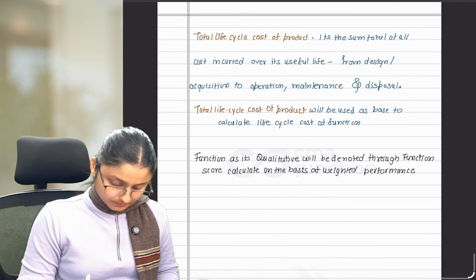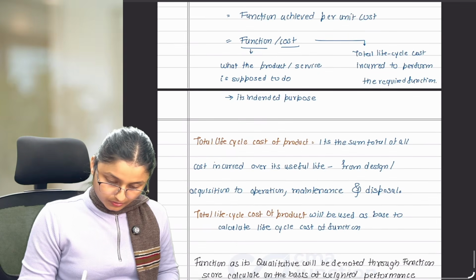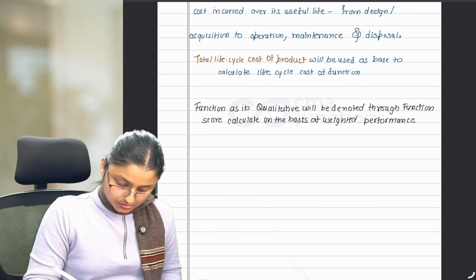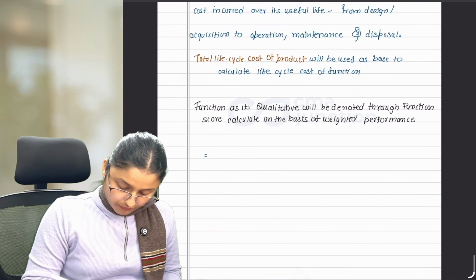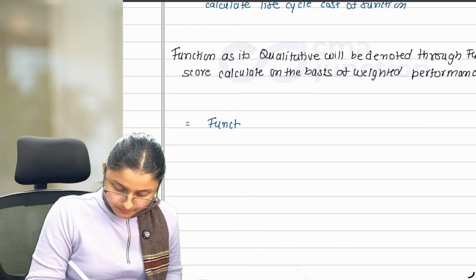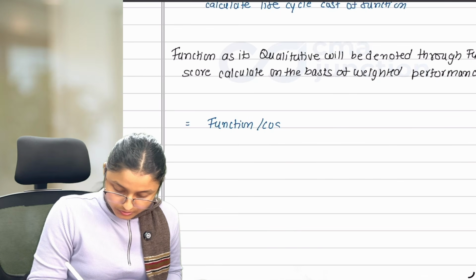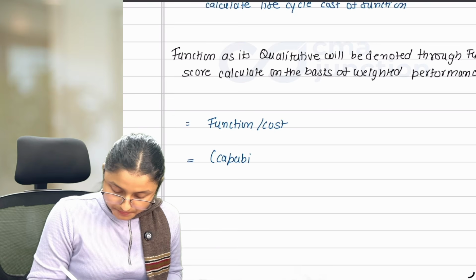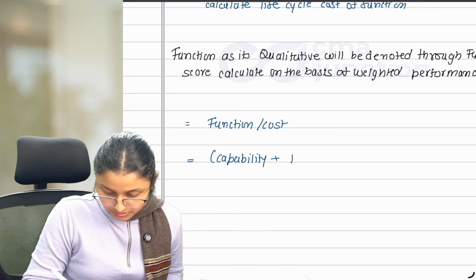Next, after this, we denoted function divided by cost as capability plus performance divided by cost, right?